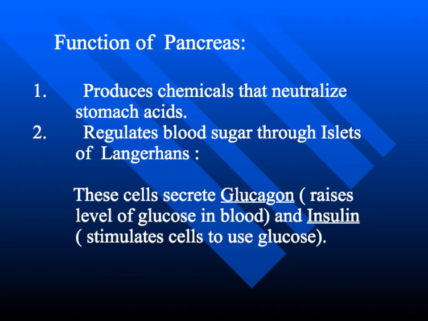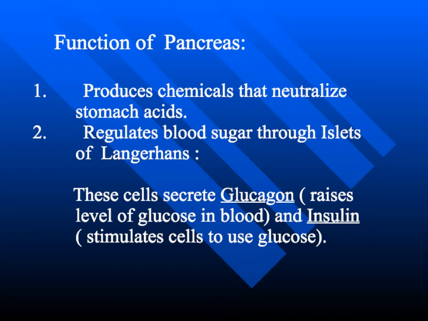Glucagon is a hormone that raises the level of glucose in the blood, and insulin stimulates the cell to use glucose. Therefore, it decreases the amount of glucose in the blood. So glucagon and insulin work the opposite way, and your body works that way too.